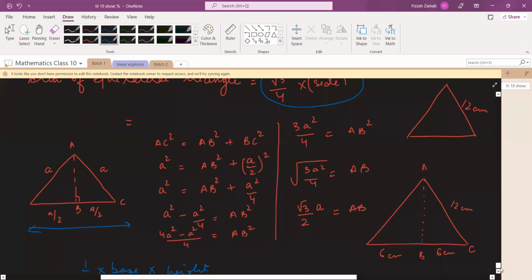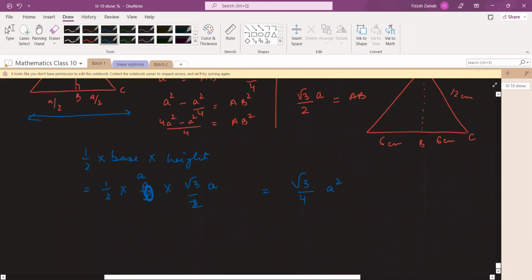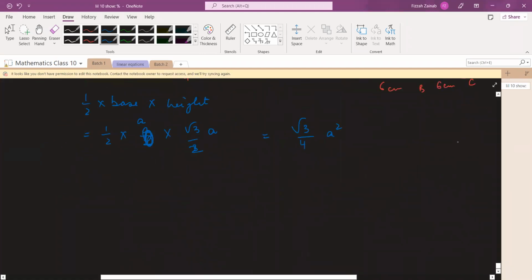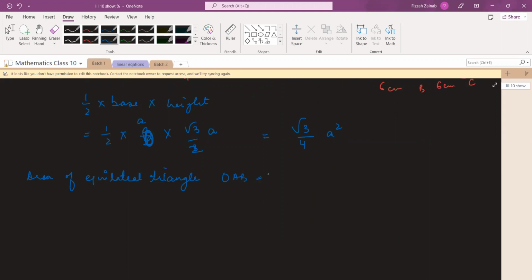So let us put the value here. Under root 3 by 4 into side square. How much is the side of this triangle? 12 centimeter into 12 centimeter.